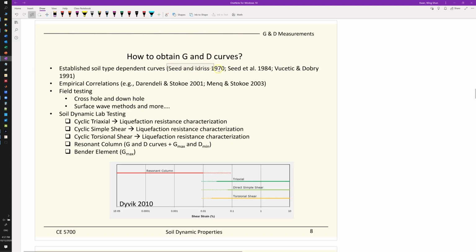So those Seed curves are available. In my opinion, they may be a little bit outdated, but they will be a good starting point for us to learn. And the Vucetic and Dobry curves are also very, very useful for clay. Those curves I have already uploaded on Canvas.